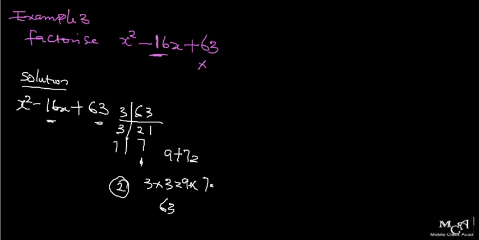What will it give us? That will give us 16. This 16 here is plus 16, but we are not looking for plus 16. See what we are looking for. We are looking for negative 16. How do we get negative 16? That means we need to get negative 9 plus negative 7.